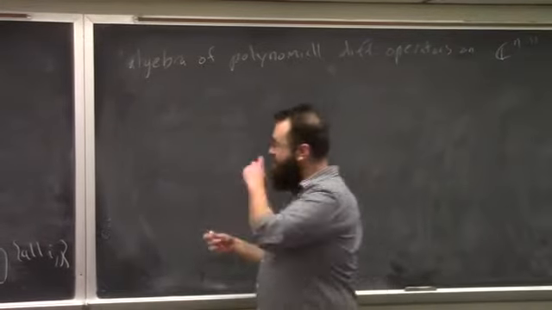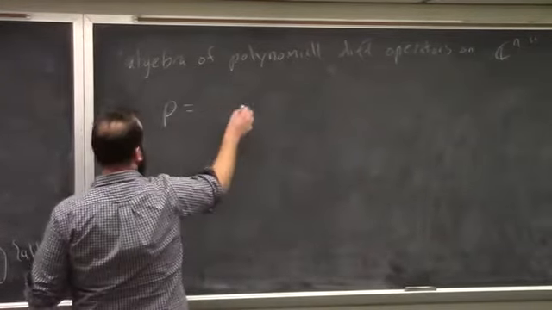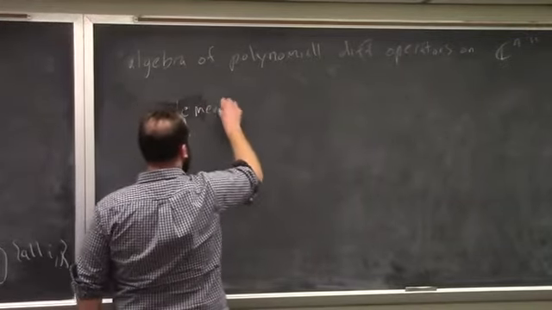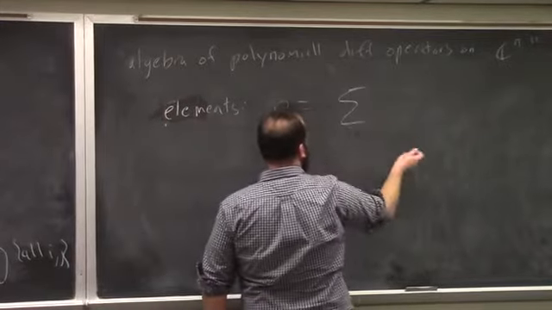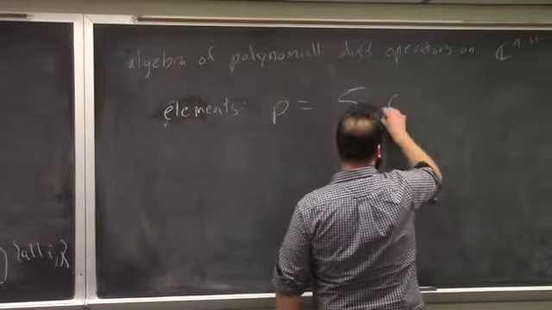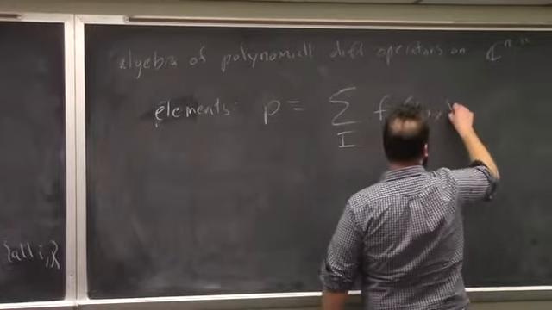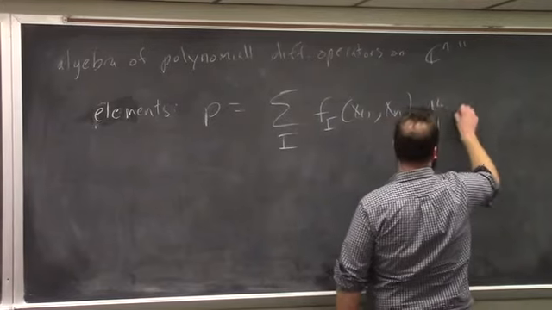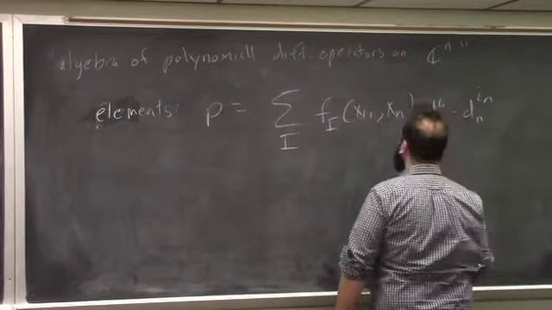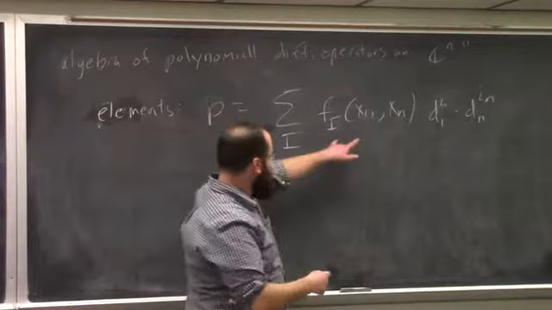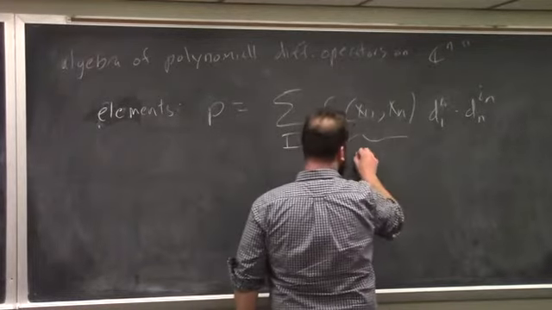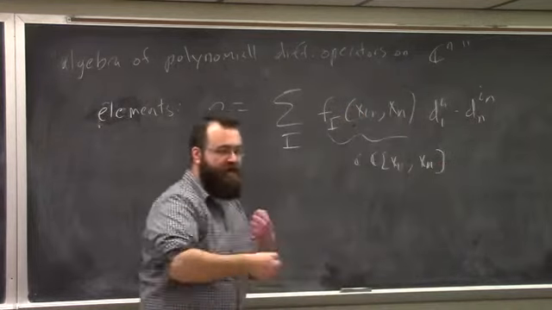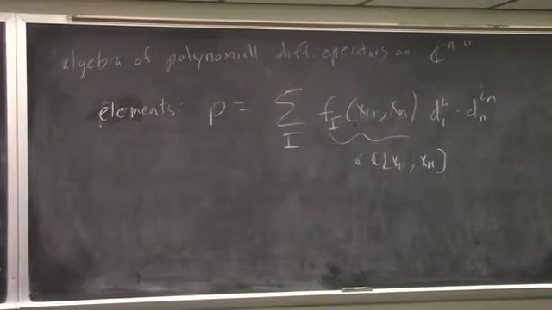A typical element of this algebra, P, looks like a sum over some multi-index I of f_I times d_1 to the power i_1 through d_n to the power i_n, where each f_I is a polynomial in x_1, ..., x_n. And the multiplication looks like multiplication of differentials and functions.